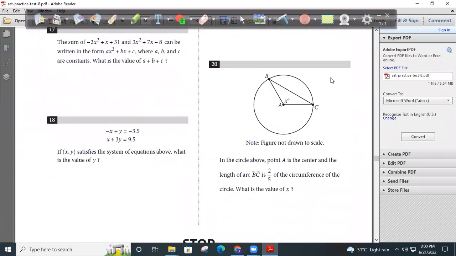Yeah, I can see one question here. Everyone, please solve question number 20 and type your answer in the chat box. You can see question number 20 on the whiteboard.